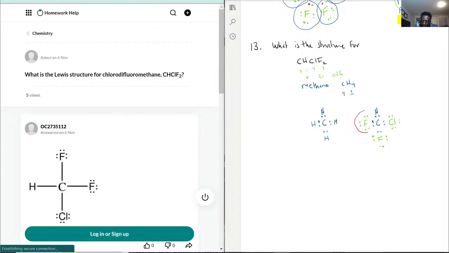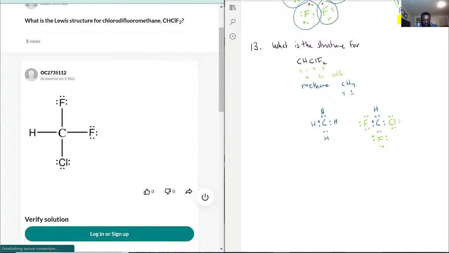We have 8, 8, 8, so that's 24, and 2 more, 26. So hopefully that was a good example of how you draw your Lewis structure for this molecule.